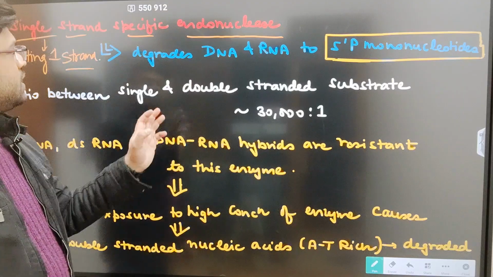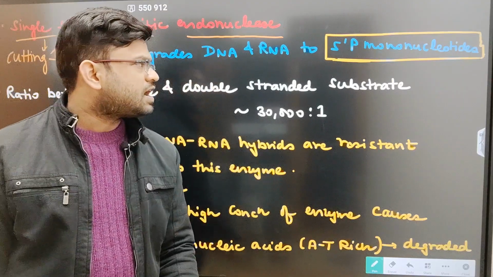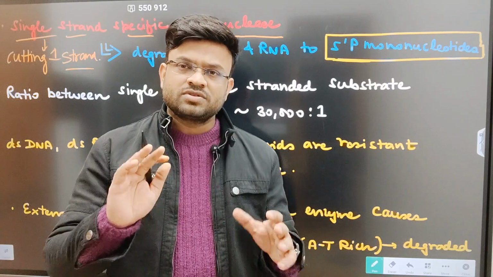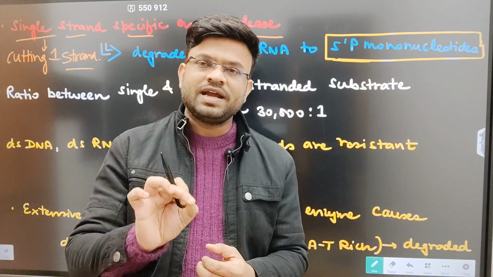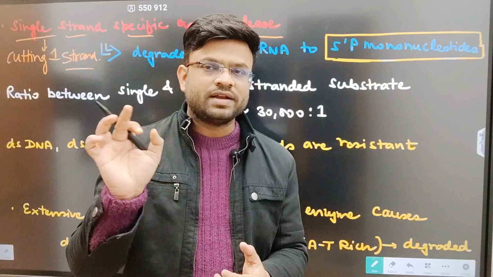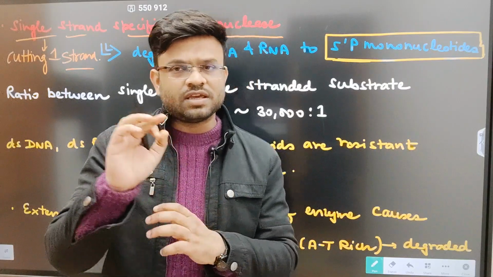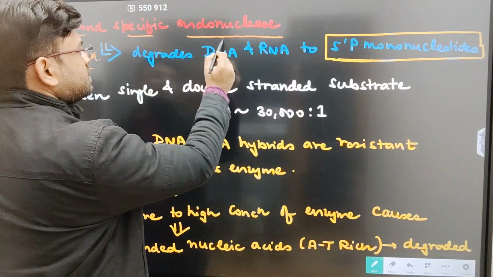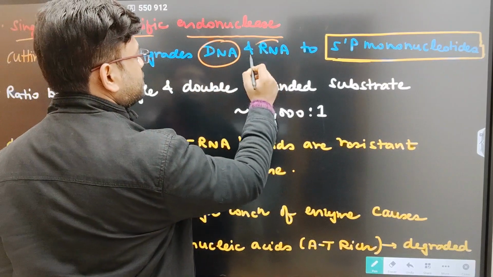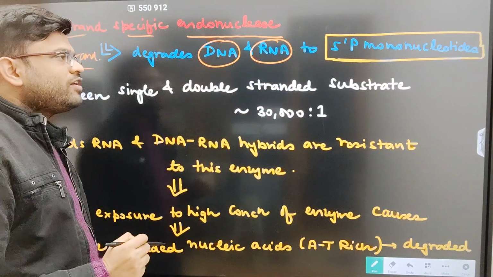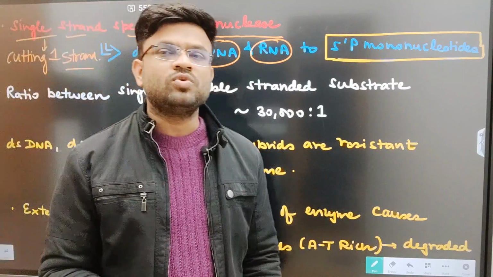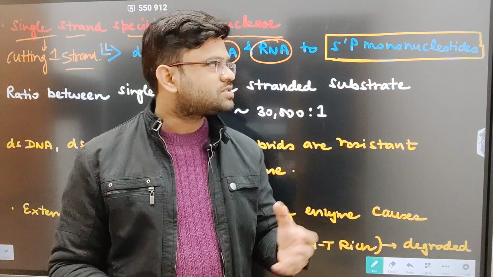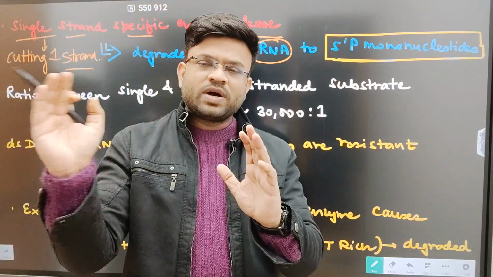Next, it degrades DNA and RNA to 5' phosphate mononucleotides. Another thing is that it can degrade both DNA as well as RNA; it has the capacity to degrade both of them equally. Now what do you mean by mononucleotides? That means one by one it will cut down.